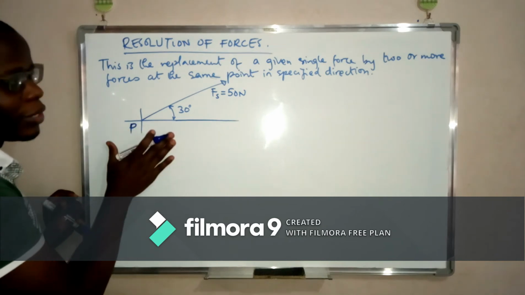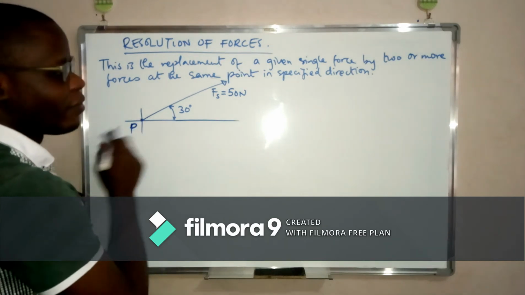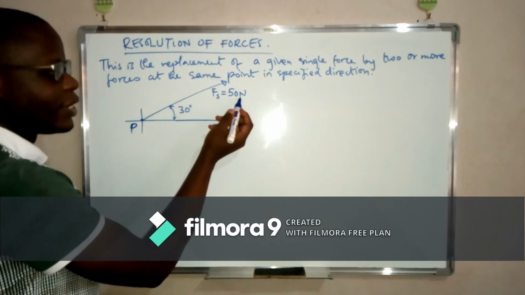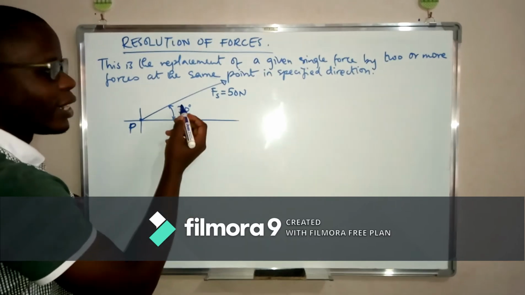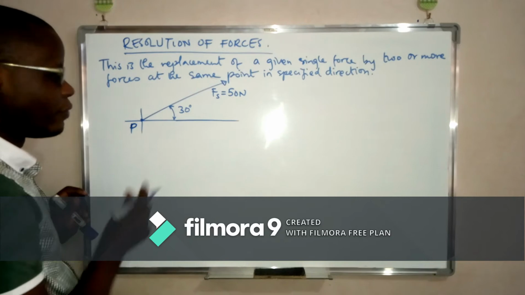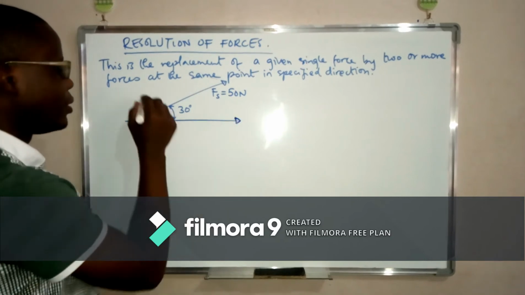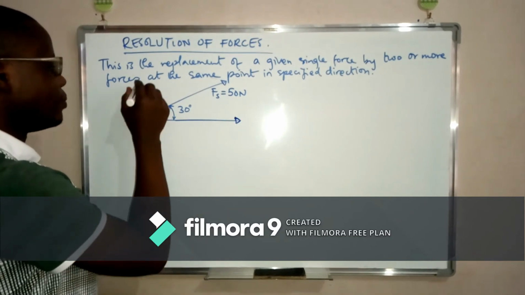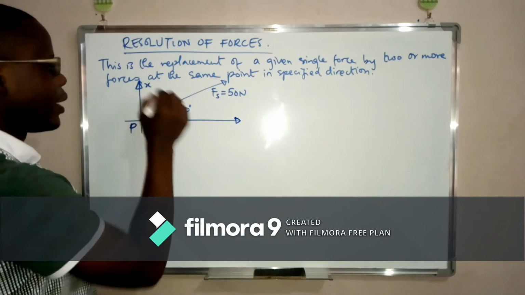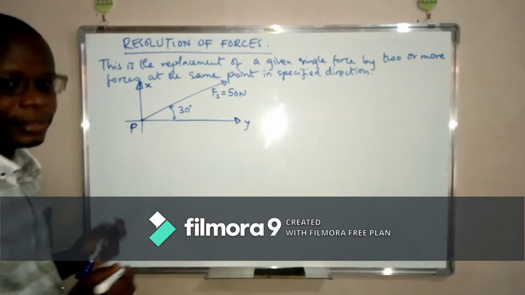So we have point P. At point P, we have a force of 50 newtons acting at an angle of 30 degrees from the horizontal. So I'll have this as the x-axis and y-axis.